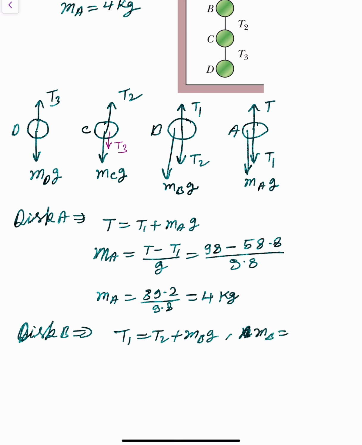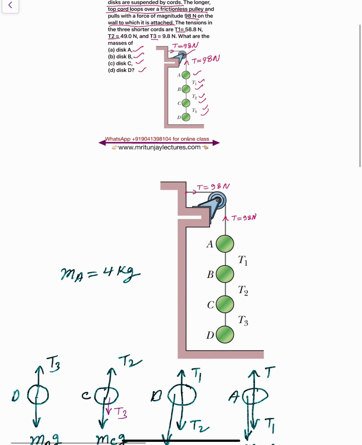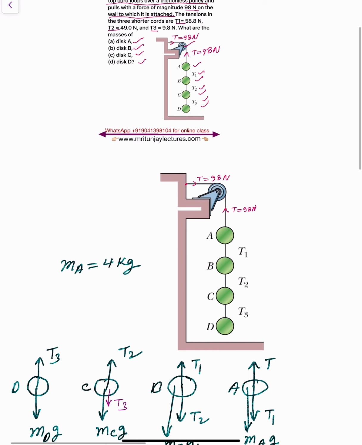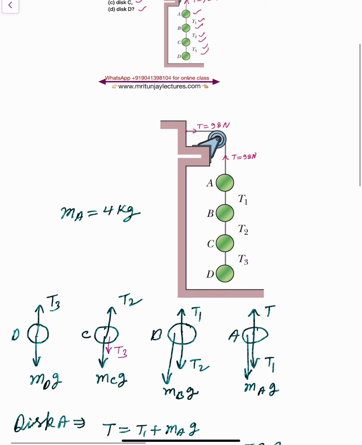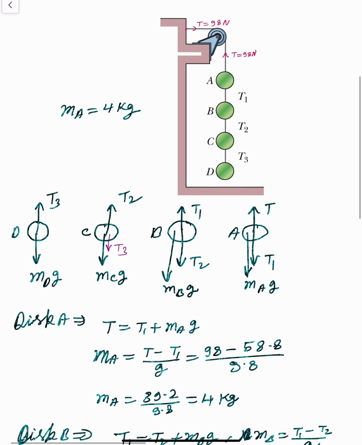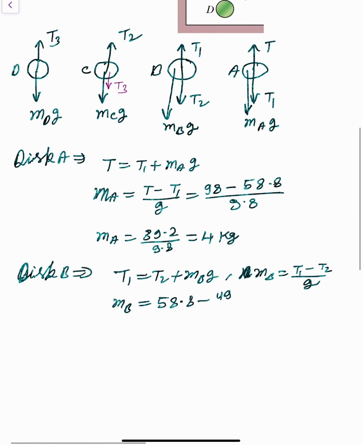MB is simply T1 minus T2, divided by G. So T1 is given 58.8 and T2 is 49 Newton, divided by 9.8.